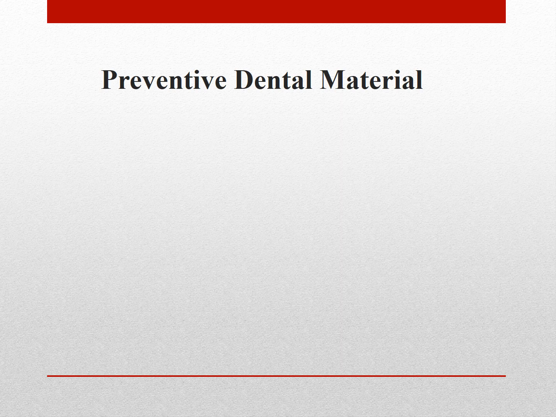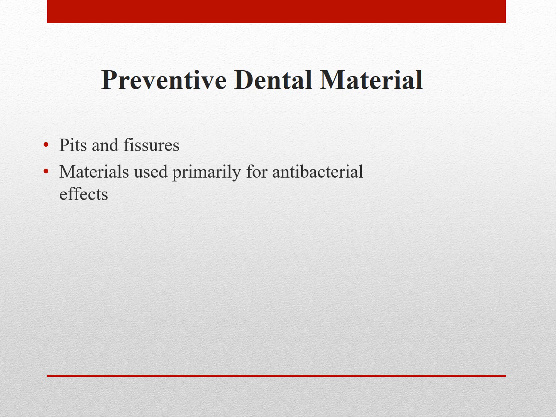So, preventive dental materials. Preventive dental materials are the materials which are used to arrest or prevent caries of teeth. When we say a material which can stop caries, we mean the pits and fissures. We have little pits and fissures in our teeth. The materials which are used to seal those pits and fissures are called preventive dental materials, and so are materials used primarily for antibacterial effects.